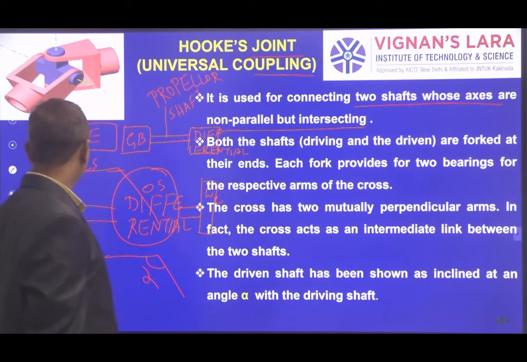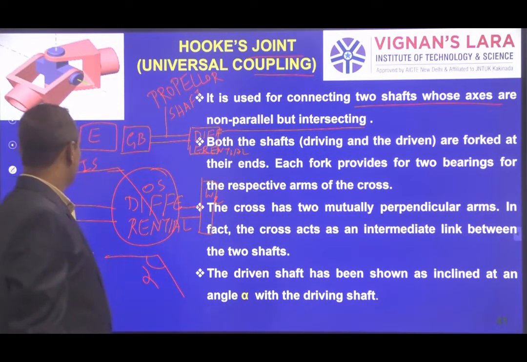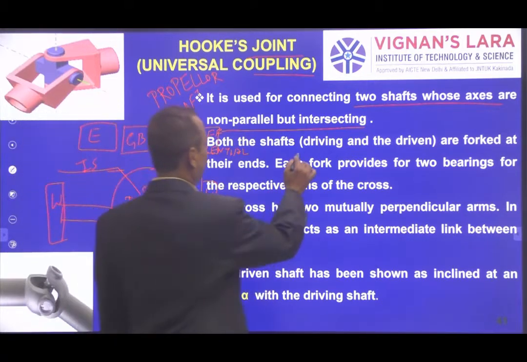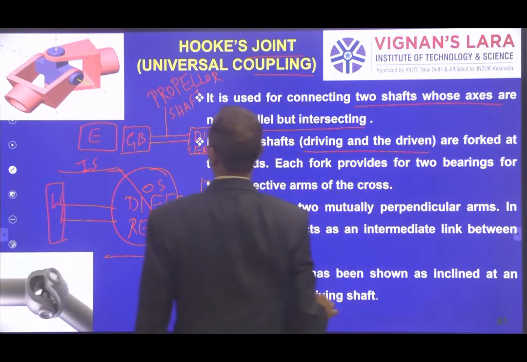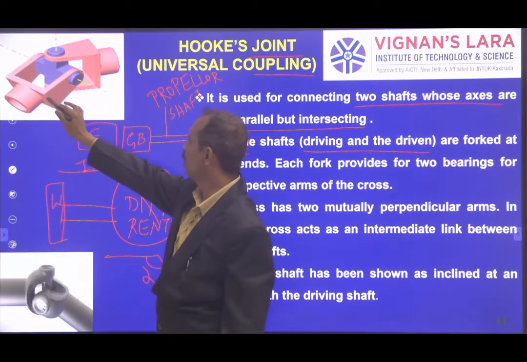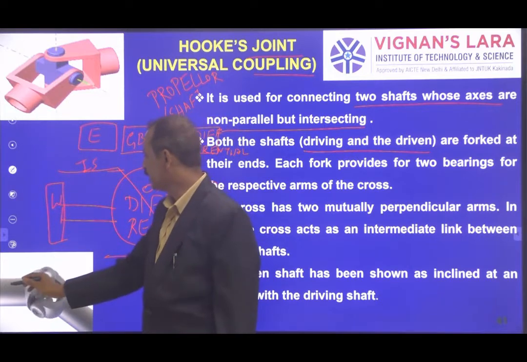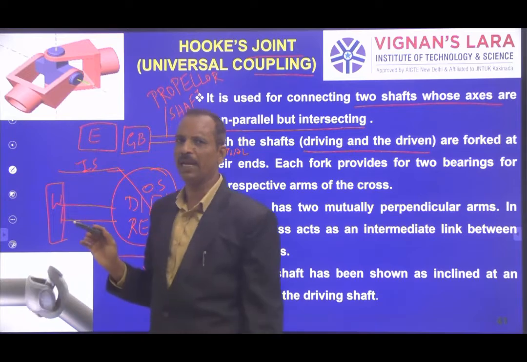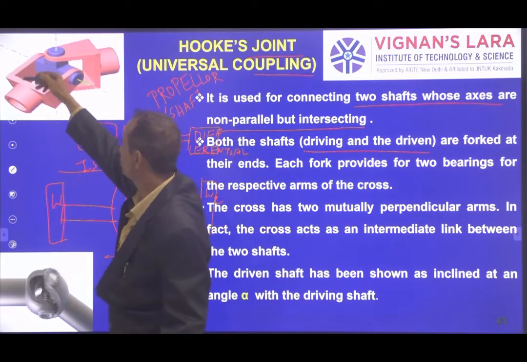Both the shafts, that means input shaft and output shaft, that is the driving and driven, are made like forks. You can see here in this example. So here, this end of the shaft is made like a fork, a tuning fork.